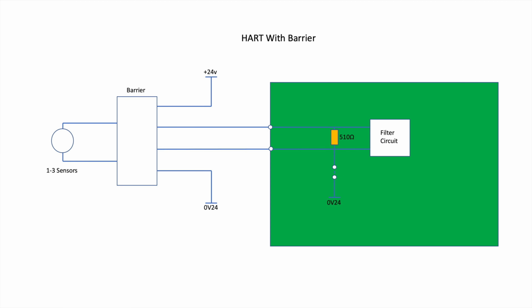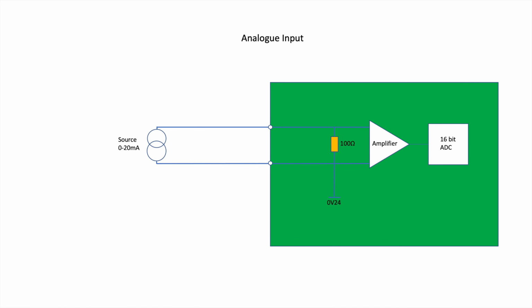The HART communication interface can accommodate up to 3 sensors per loop with individual addresses, or one in burst mode. The simplified example circuit is shown with a barrier module, but sensors can be connected directly. The 4 to 20 mA analog input and 4-wire PT100 PRT input are converted to digital values via a 16-bit ADC.